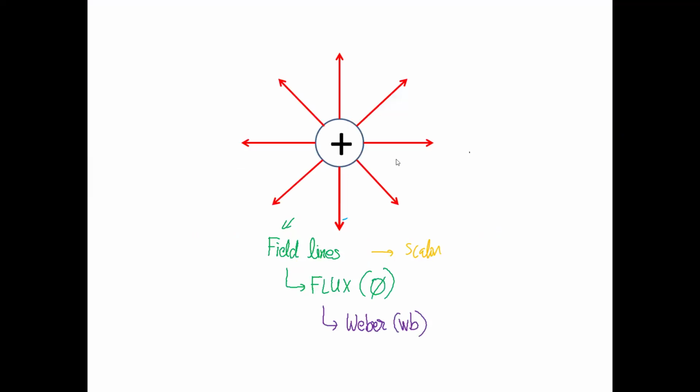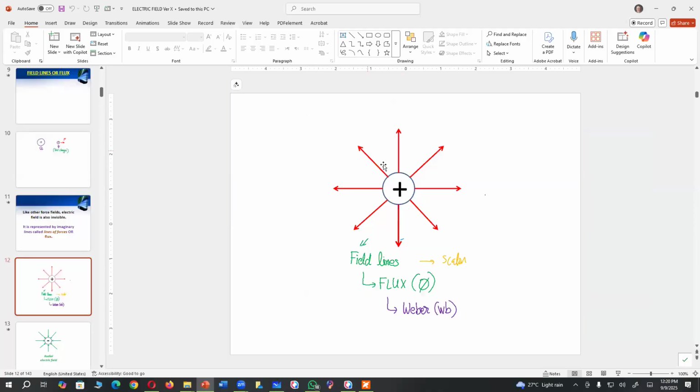Now look, the central charge is positive, and you can see that the lines are directed away. Now this was a convention in our O level, that is how we show these lines.